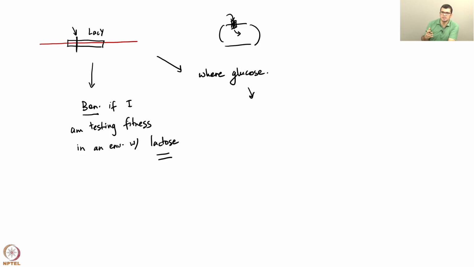Even if it was expressed, it is used to bring in lactose and it is useless in the context of an organism's physiology when it is being grown in a glucose environment. In this case, this mutation is a completely neutral mutation because it does not give you any benefit as compared to the other. This is a gene which is not relevant in the environment that I am talking about.